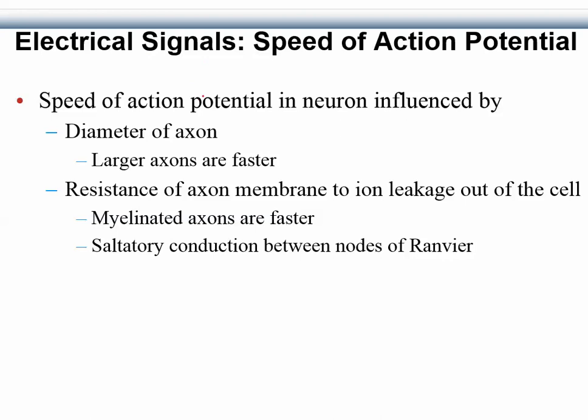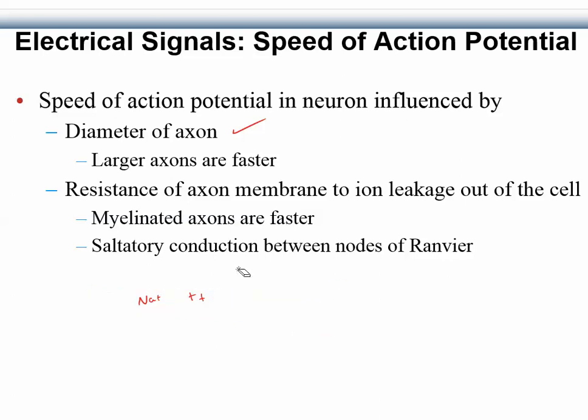Okay, so just a couple more things and then we're done. Speed of an action potential in a neuron is influenced by the diameter of an axon. What that means is we still have to talk about myelin. The positive charge that moves in actually spreads out really, really fast.